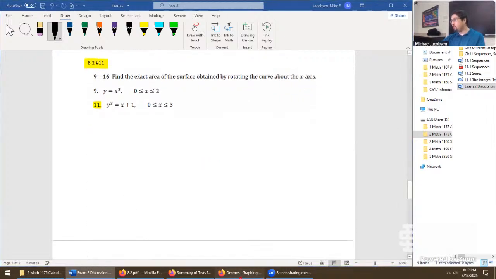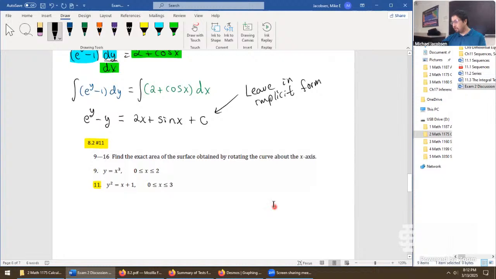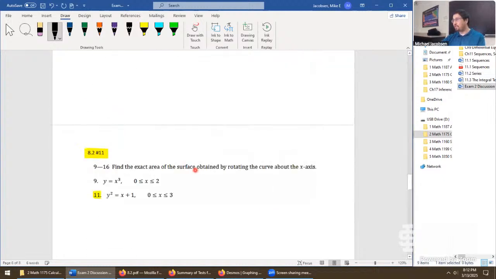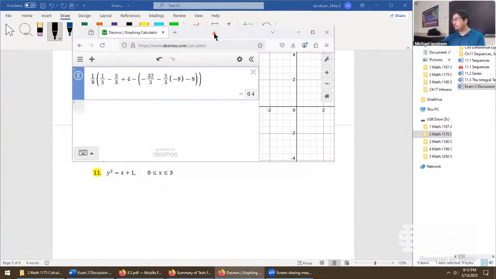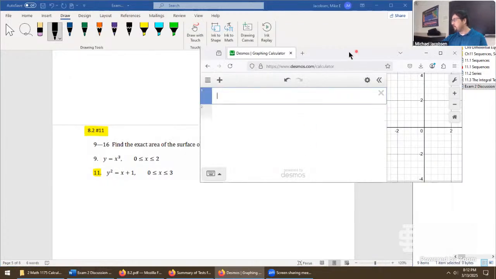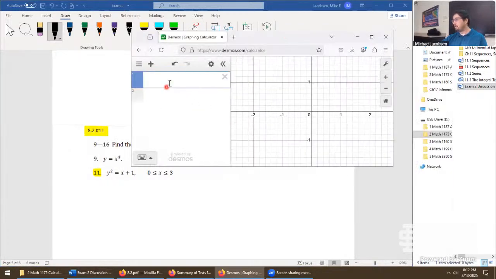As a real exam question, the moment you get the curve, I'll also supply a graph. So let's throw that on here as well. So this is y squared equals x plus 1. That's a fun graph from 0 less or equals x less or equals 3.